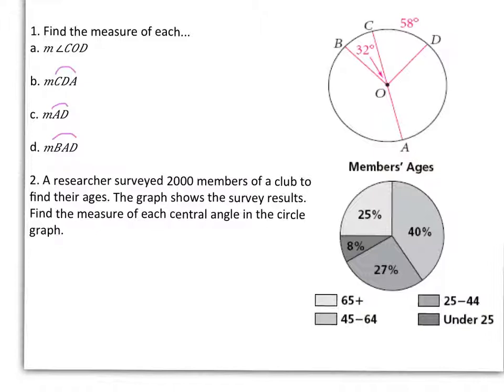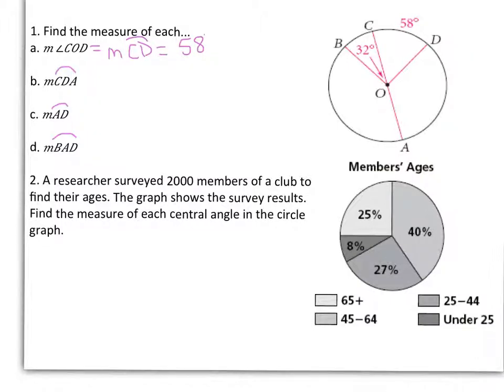In example 1, we want to find the measure of each in reference to our circle on the right. Now, the measure of a central angle is the same as the measure of the arc that the angle intercepts. So in A, the measure of angle COD will be equal to the measure of arc CD, which is 58 degrees.